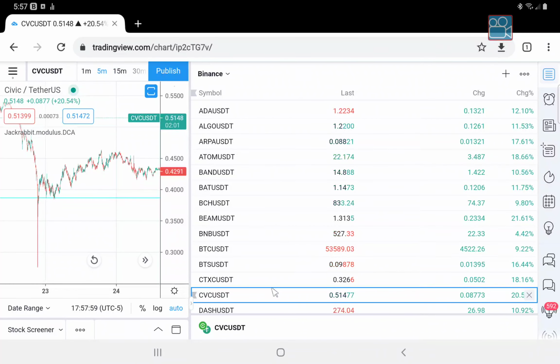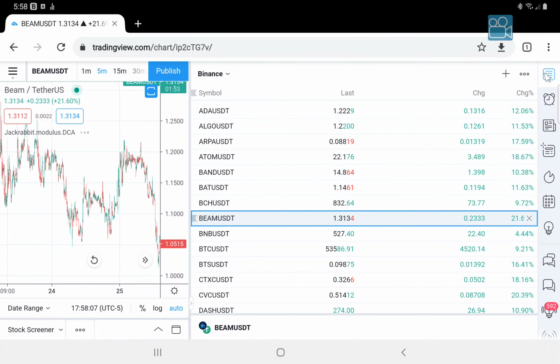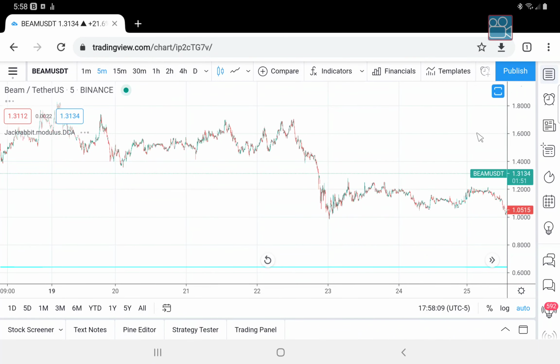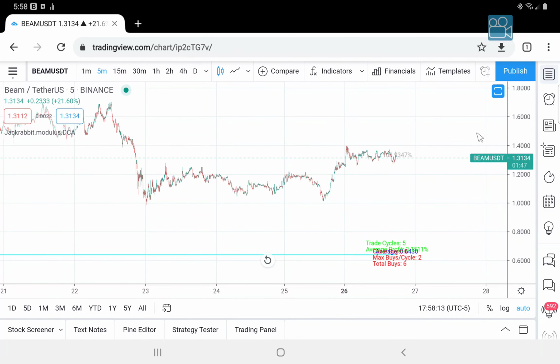Let's check out another nightmare coin. I've seen people get wrecked over this coin. And yet, here, it's perfect. So, you can be aggressive, but you should also be conservative and defensive.